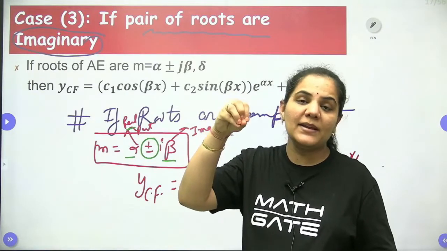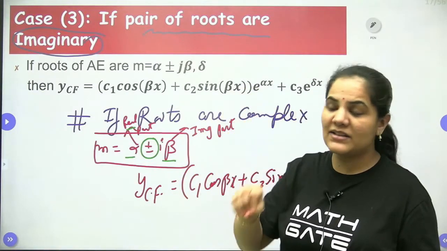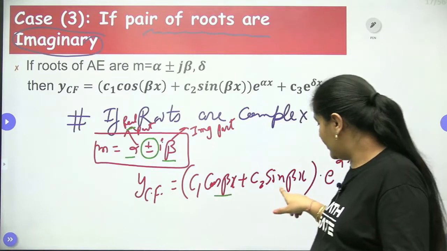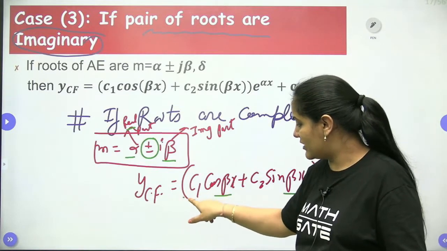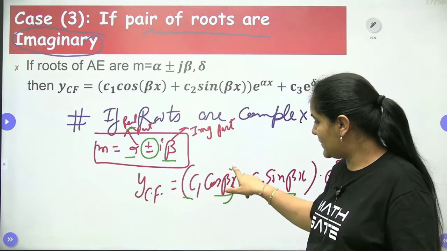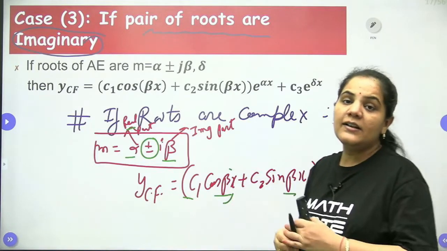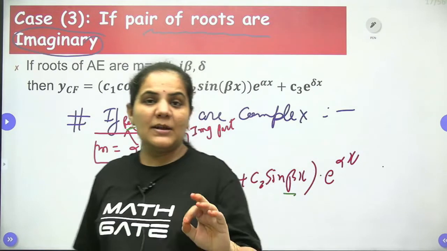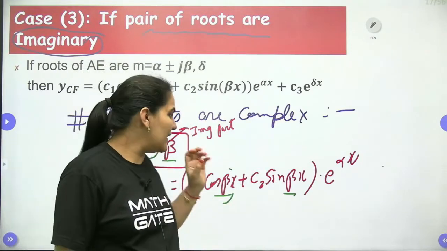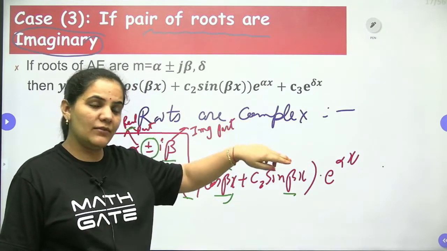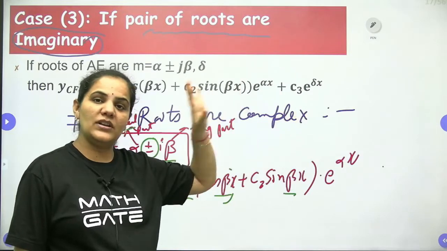Whatever the imaginary part is, you put it in the angle only. So we write C1 cos(βx), where this β is nothing but the imaginary part, plus C2 sin(βx). We write the imaginary part in the angle only, and the real part will be covered in the exponential, right?